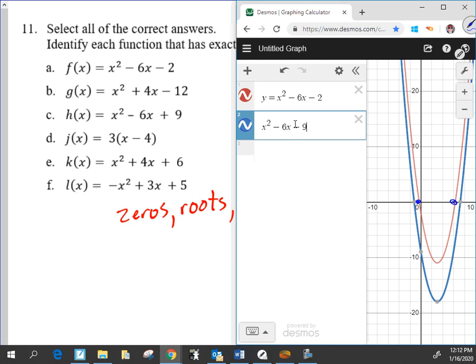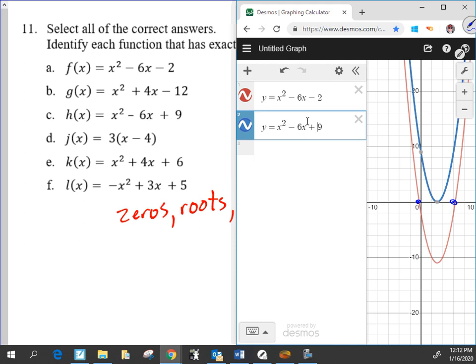Oh, and I forgot my y equals, which is why it's not graphing properly. Y equals, oh, plus 9. Always double check that you type these in correctly.